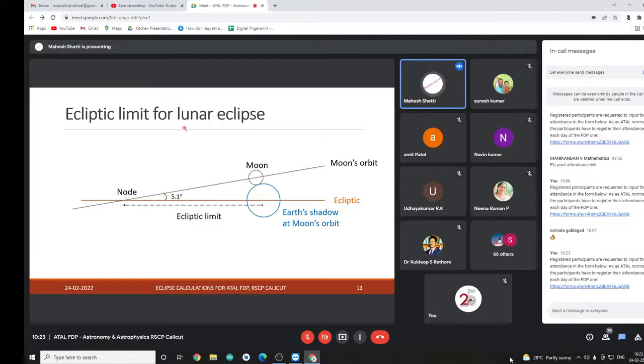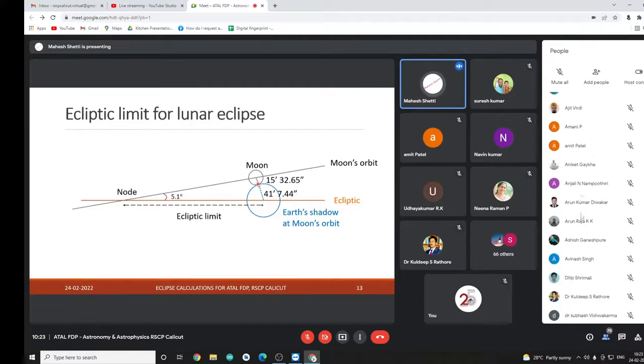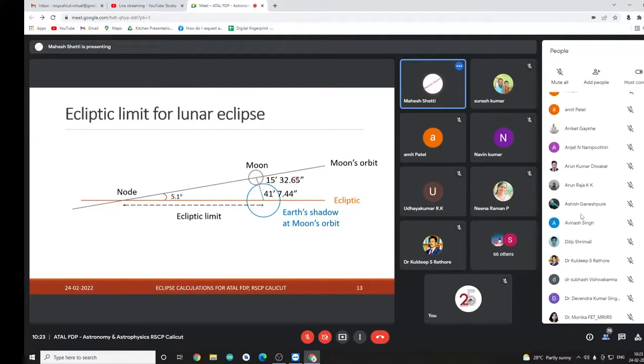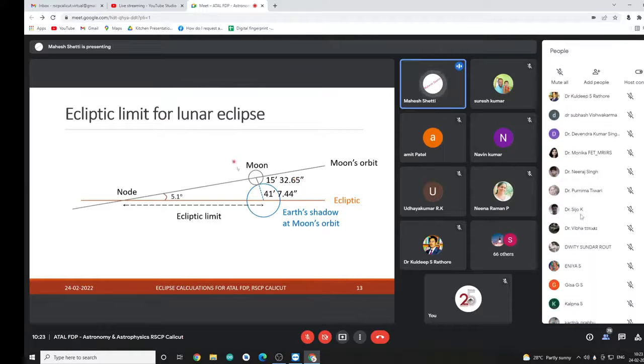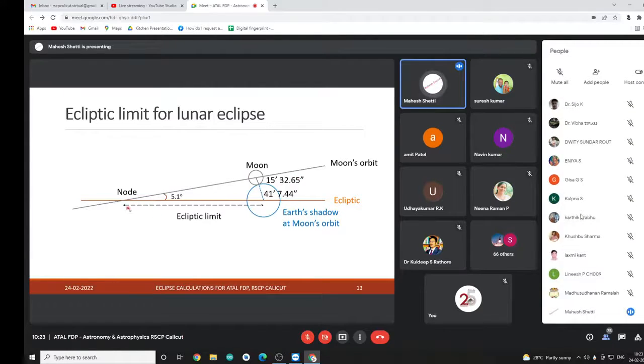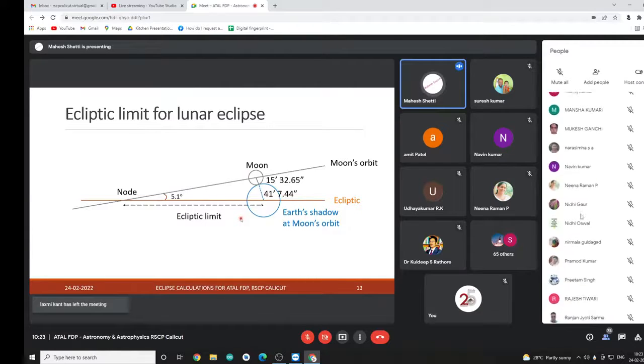So we are calculating the ecliptic limit for a lunar eclipse, and this angle alpha we have calculated already, that is 41 minutes 7.44 seconds. The size of the moon we have also calculated, 15 arc minutes; this is the average size of the moon. At perigee, the angular size of the moon will further increase, but those will go under favorable conditions. So I will talk about that in the next slide.